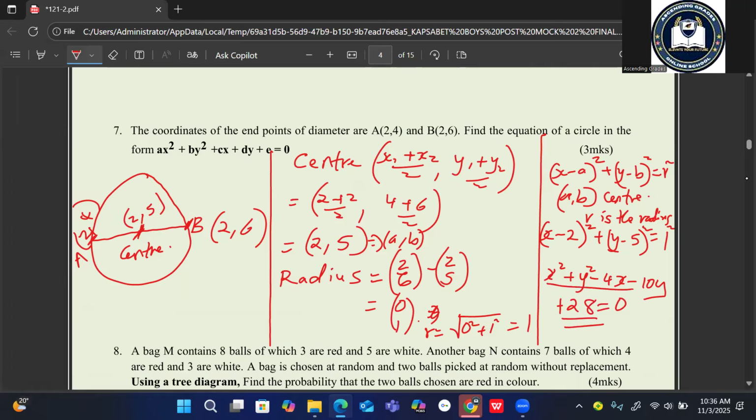So that is the equation of that circle in the form ax squared plus by squared plus cx plus dy plus e is equal to 0.